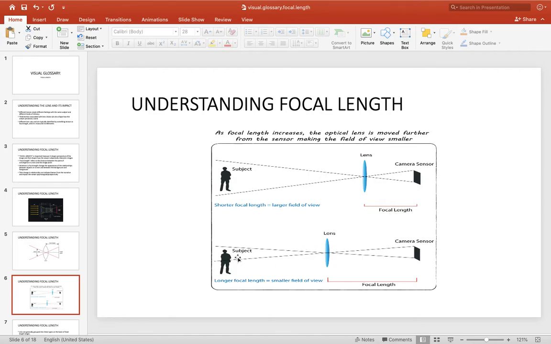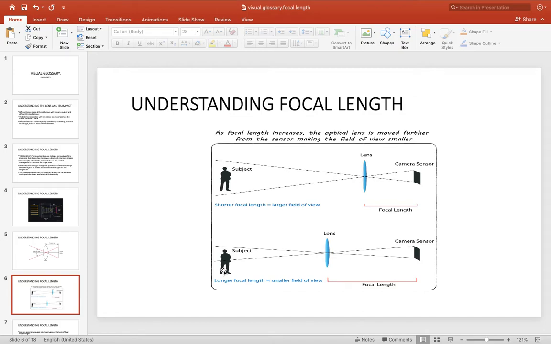Whereas if the same subject is seen with a lens of a larger focal length, like that telephoto lens, we're going to see a more narrow or a smaller field of view. So that is explicitly what the variation in focal length means in a technical way, and also how it affects what we are seeing on screen.